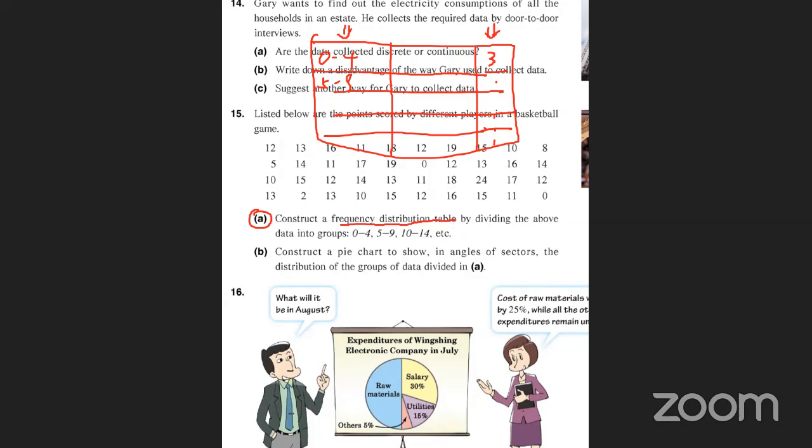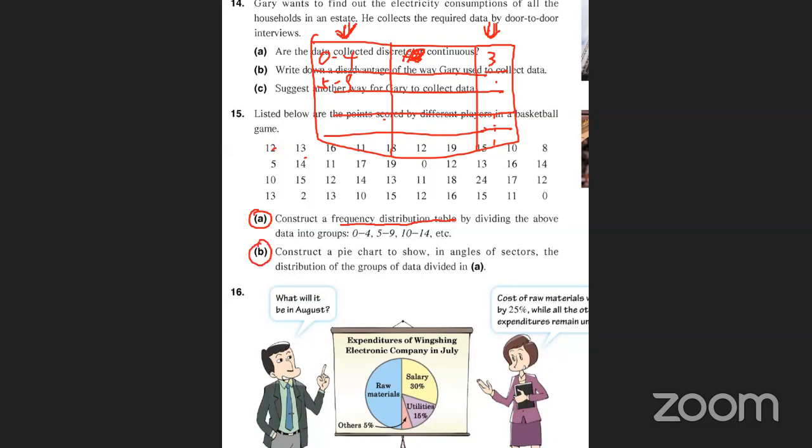The tally is just for you to count the frequency in a systematic way so that you won't miss any data. After you have got the table, this column and this column are the most important because we can use these two to further draw some other diagram.